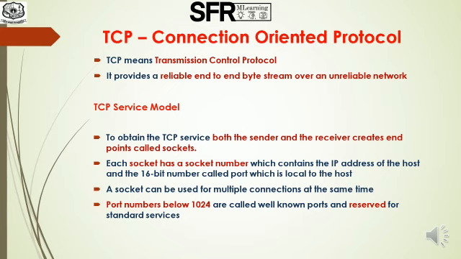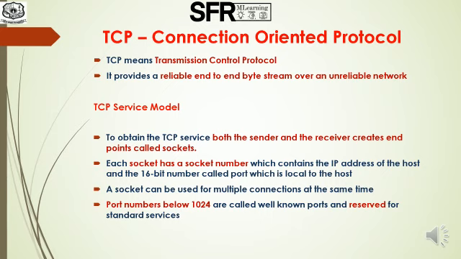In TCP, we are going to see first the TCP service model. In the TCP service model, both the sender and receiver must create an endpoint called a socket. So the sender must create a socket and the receiver must also create a socket. Each socket has an individual socket number. That socket number is nothing but the IP address of the host and a 16-bit number called a port.